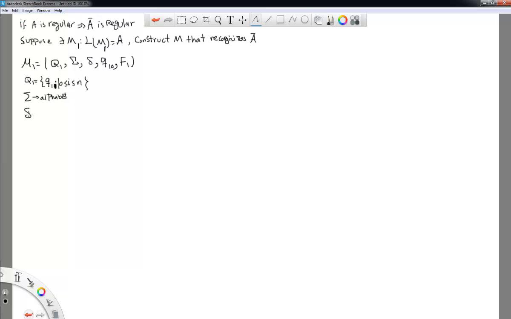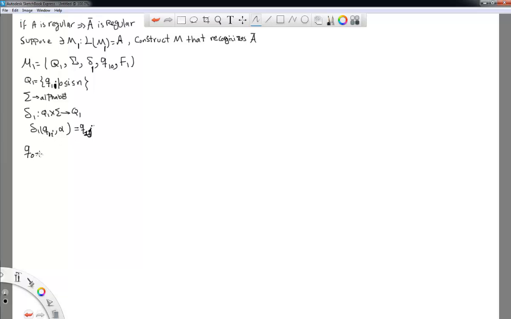Delta sub 1 is going to be from Q sub 1 cross sigma over to Q sub 1, such that delta sub 1 of Q1 i comma alpha, a letter from the alphabet, will be Q sub 1 j, let's say, whatever, right? So from a state, we see a symbol, we go to another state.